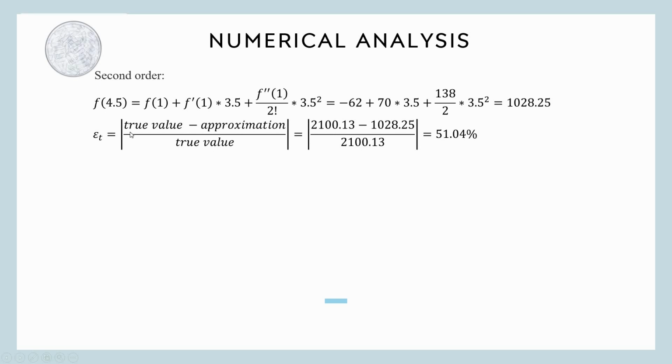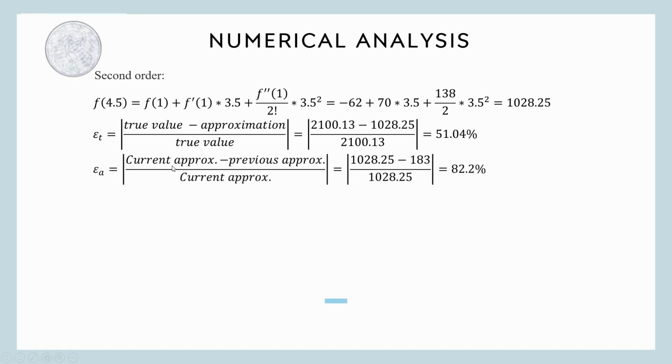Then we can evaluate the relative error, subtracting this approximation value, and we get 51.04%. The approximation relative error is this: the current approximation is 1028.25, subtract the previous approximation of 183, and we get 82.2%.